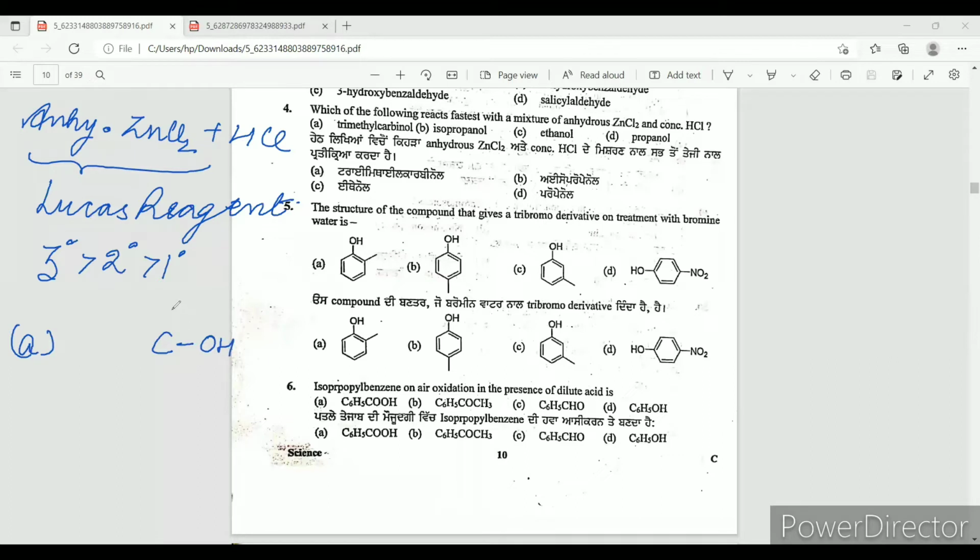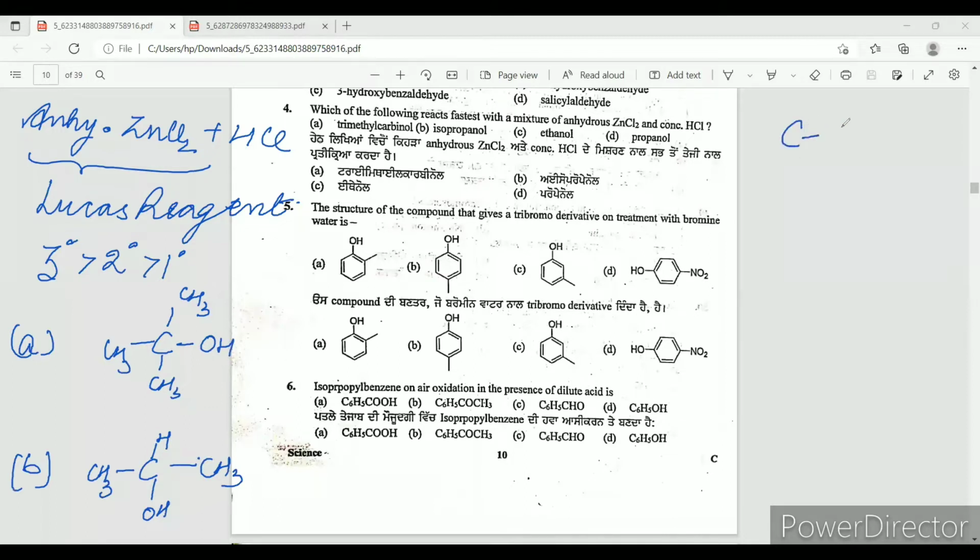And trimethyl means there are 3 methyl groups, CH3, CH3, and one more CH3. The next is isopropanol. Iso means OH at the second position. So it will be like this. Now the next is ethanol and propanol.